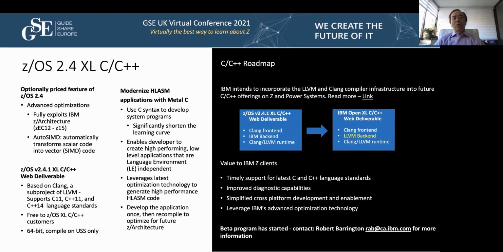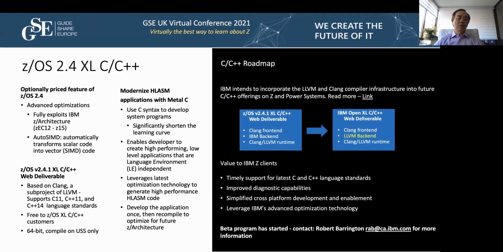keep up. So what we're trying to do is we're transitioning to an open source framework, which is based on LLVM. So the first step that we did was we made a web deliverable that is based on the Clang technology. Clang is really the front end part that handles the language.